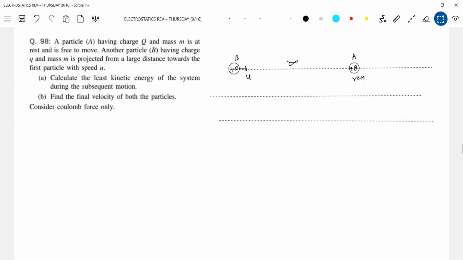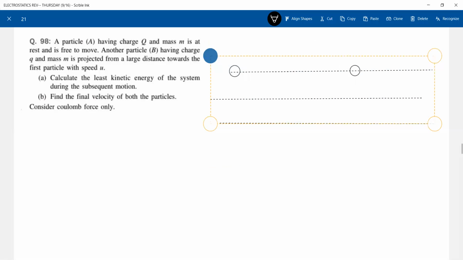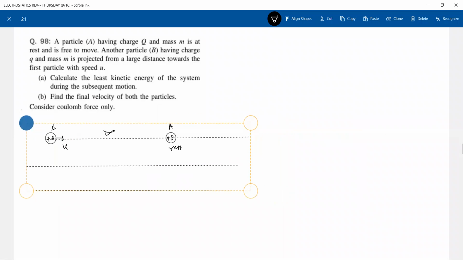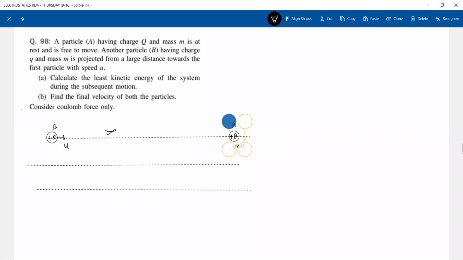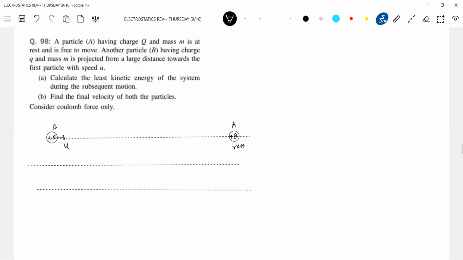I will take the diagrams. Let me take it. So somewhere at some finite distance, this will have velocity, say v1.